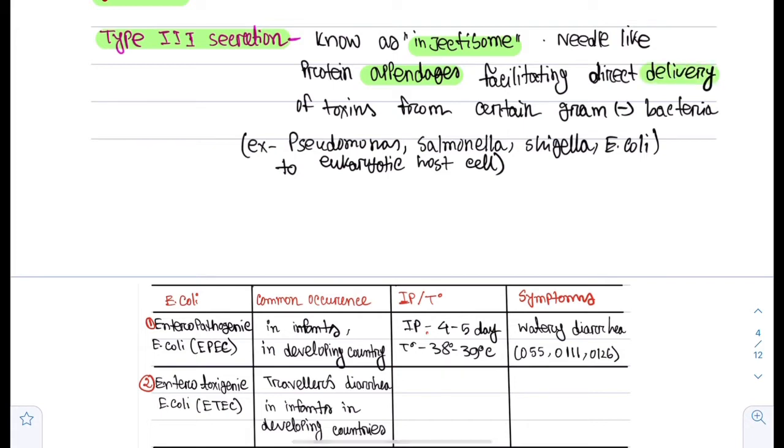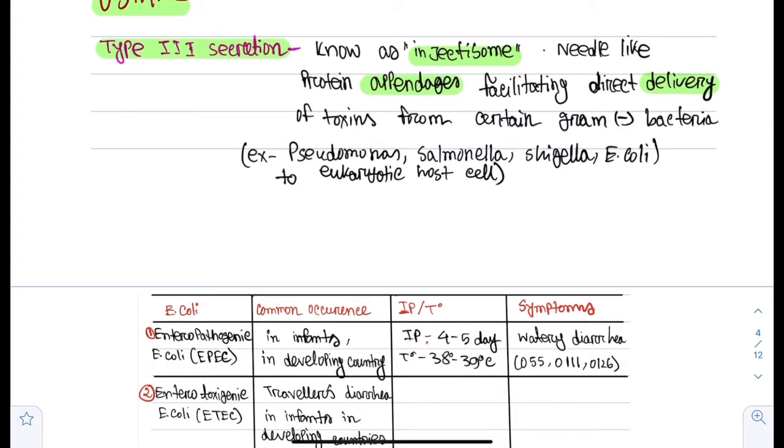So they don't need any other help to deliver the toxins. They just go to the host cell and inject something directly from their body, and game over for the host cell.